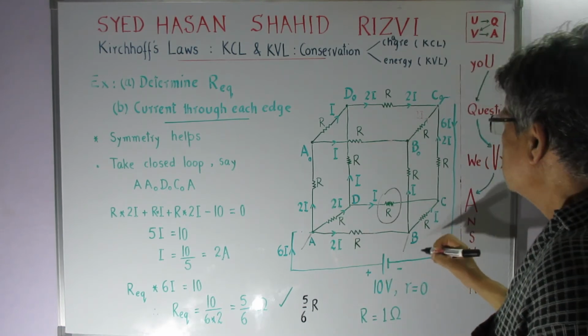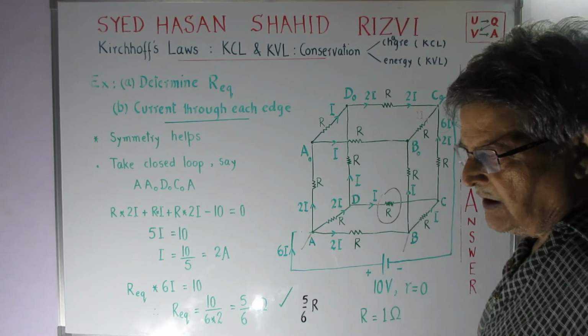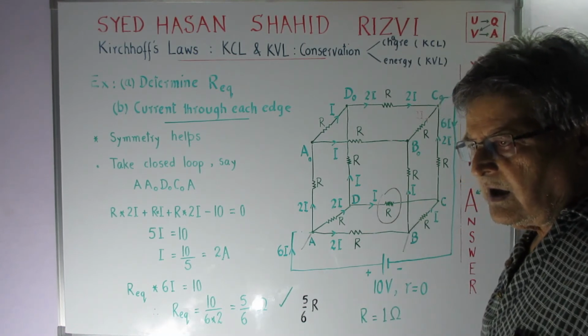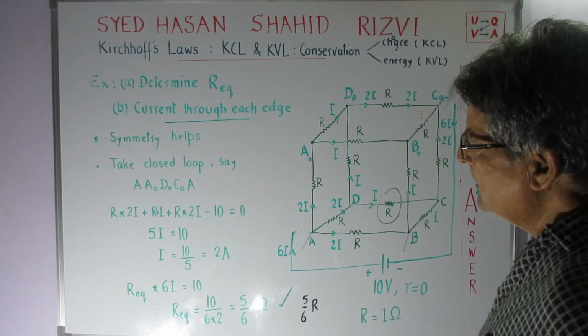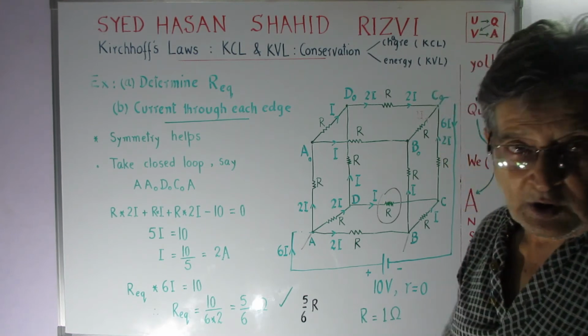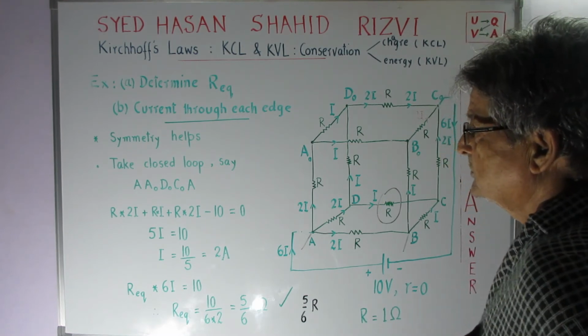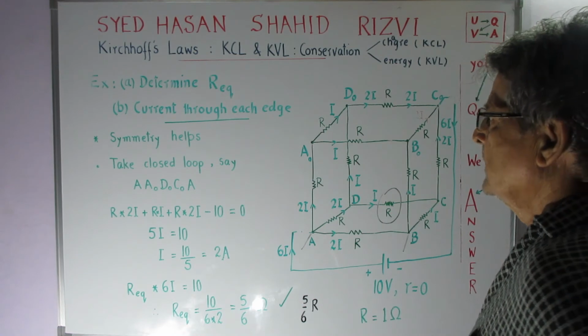Then you calculate according to what I said, E minus Ir, and E plus Ir, depending upon whether the current flow is natural or the current is pumped through it.